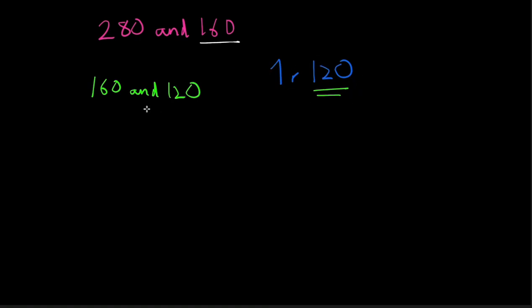So again, we repeat this process. Which is lower, 120 or 160? It is 120. So how many times does 120 go into 160? Once, with a remainder of 40, because 160 minus 120 equals 40.